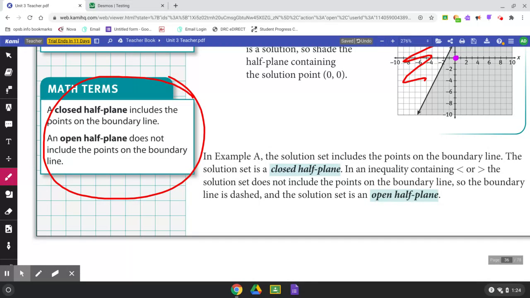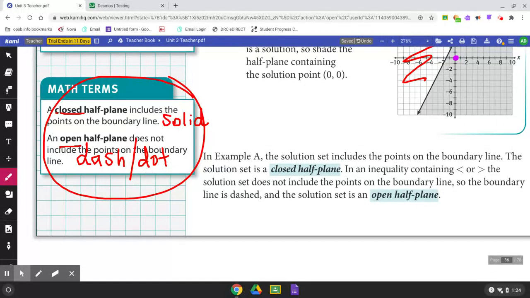A closed half plane includes the points on the boundary line, and it's a solid boundary line. Closed is a solid boundary line. Open does not include the points on the boundary line, and it is dashed or dotted.